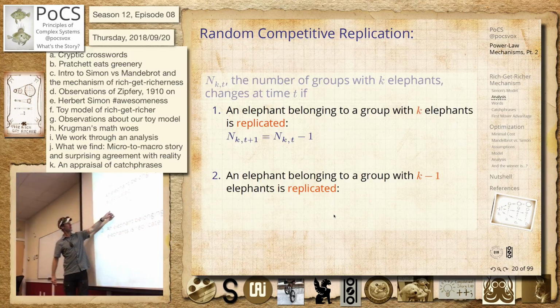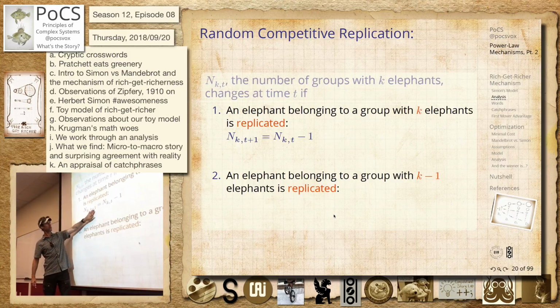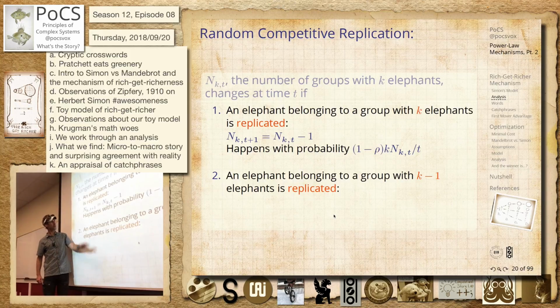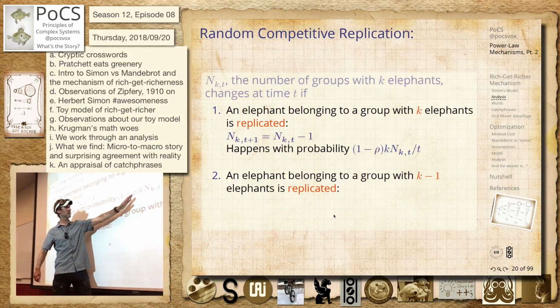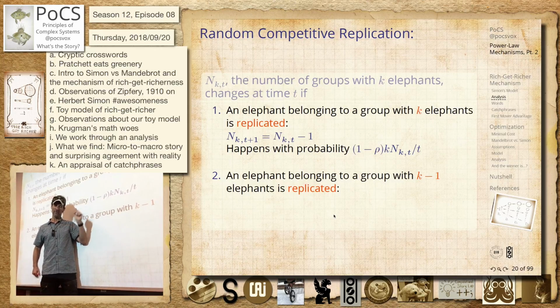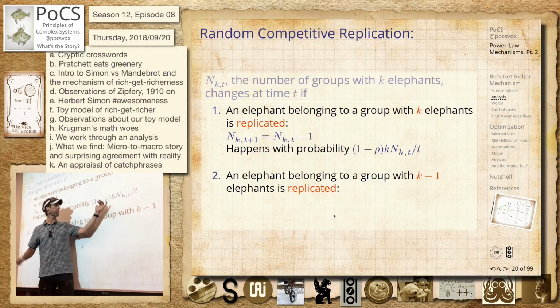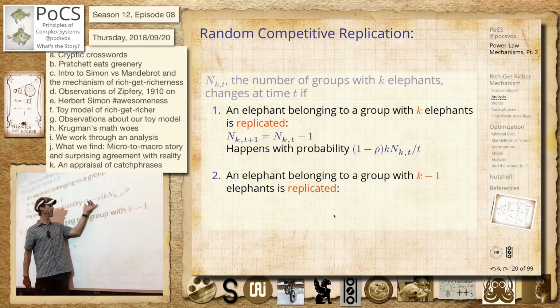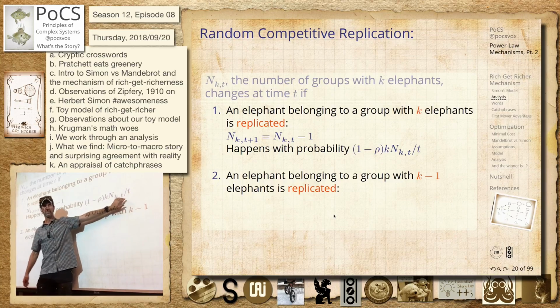So the number of groups of size k at time t plus 1 is what we had before, minus 1, and this happens with this probability. There are a couple of pieces here. 1 minus rho was introduced at the start: with probability rho we make a new one, and with probability 1 minus rho we do the replication. And then this is the probability of choosing a group of size k.